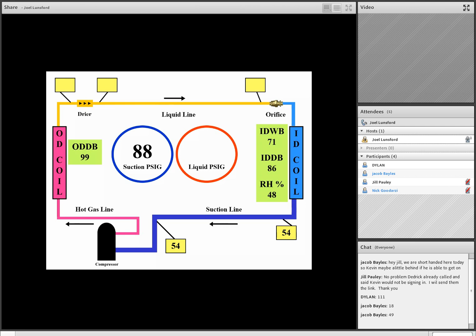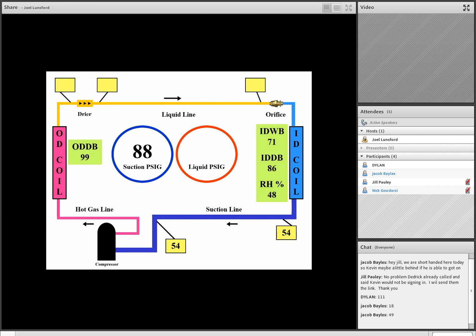So find an indoor dry bulb off your superheat chart of about 86 degrees. And then we have a 99-degree outdoor dry bulb temperature. Well, that's pretty close to 100. So if you just want to round it to 100, find 100 degrees outdoor air temperature with about an 85-degree indoor dry bulb.